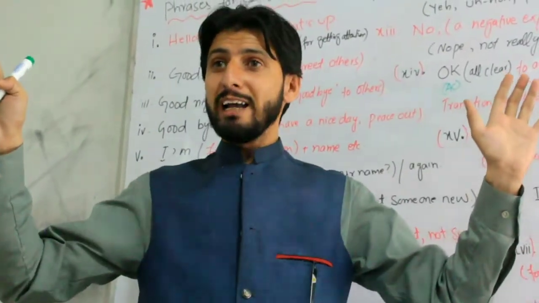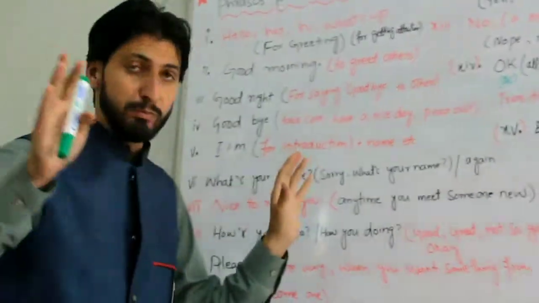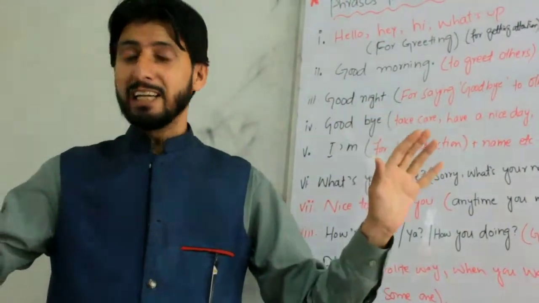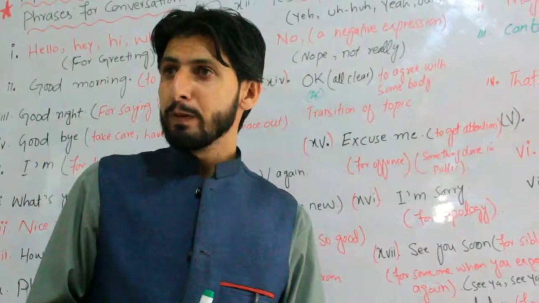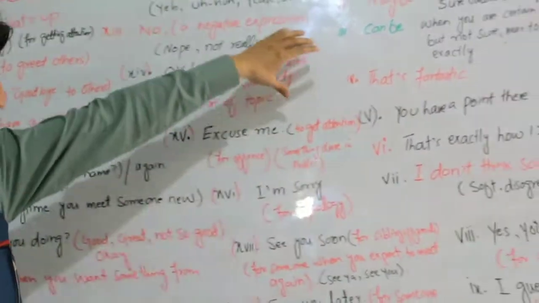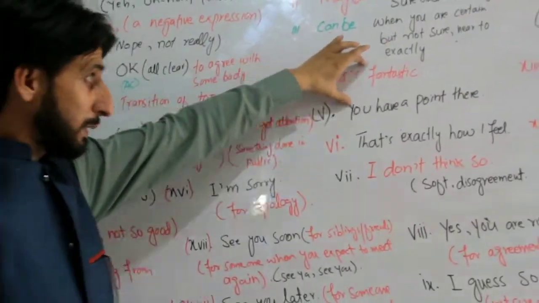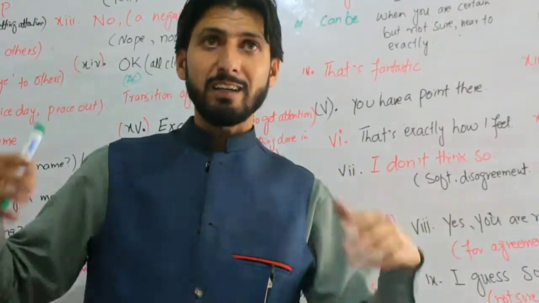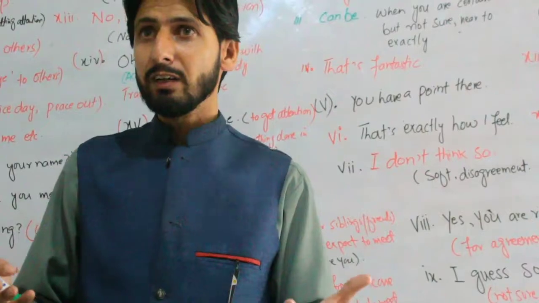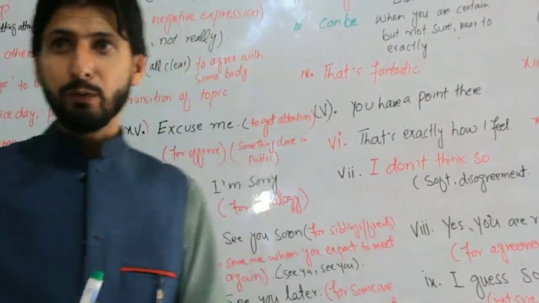I'm going to buy some material for this arrangement." This is a very common expression. "That's fantastic" shows our joy, excitement, and our agreement about a specific point of view.